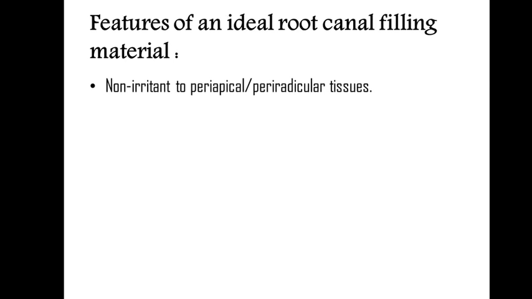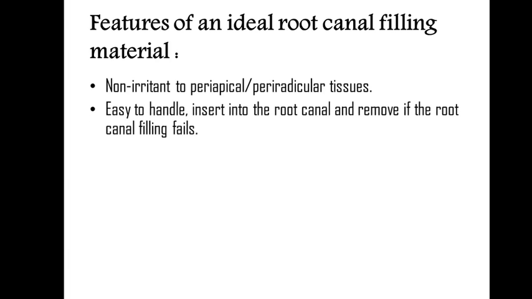Features of an ideal root canal filling material. The material should be non-irritant to periapical or periradicular tissues, easy to handle, insert into the root canal and remove if the root canal filling fails.